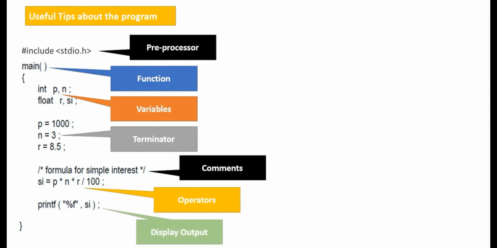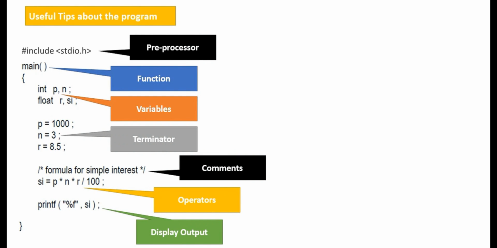And at last, printf, that is used for displaying output. Now printf is also a function which is used to display data on the screen. The very first thing is enclosed in double quotes, %f. Now %f, or %d, %c are also there. These are called format specifiers. What this does is, it defines the type of the data to be printed.